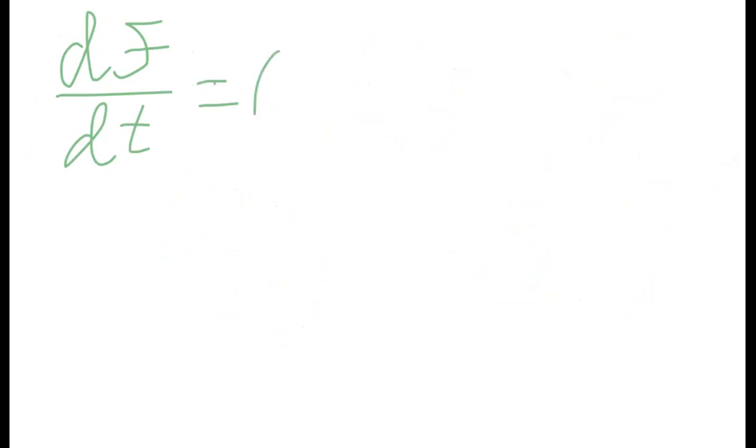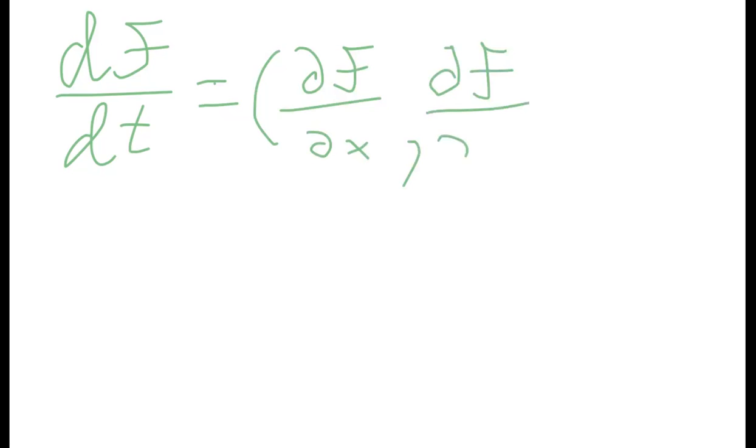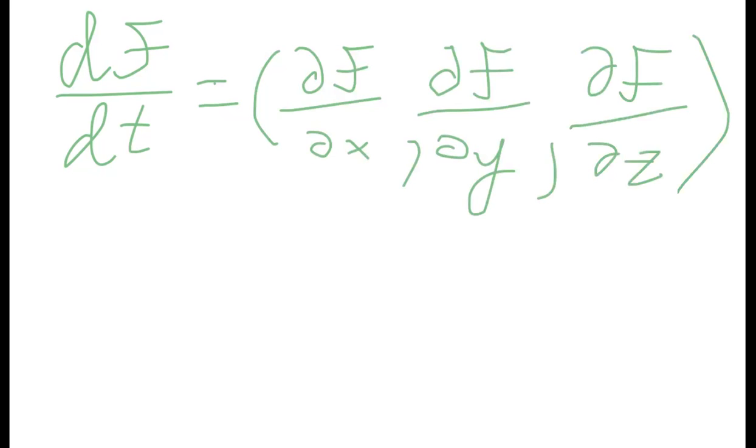So we have that df/dt is equal to partial f partial x, partial f partial y, partial f partial z, times all of that, this is a dot product.